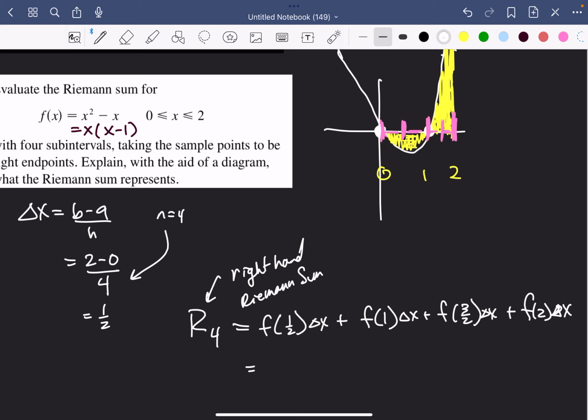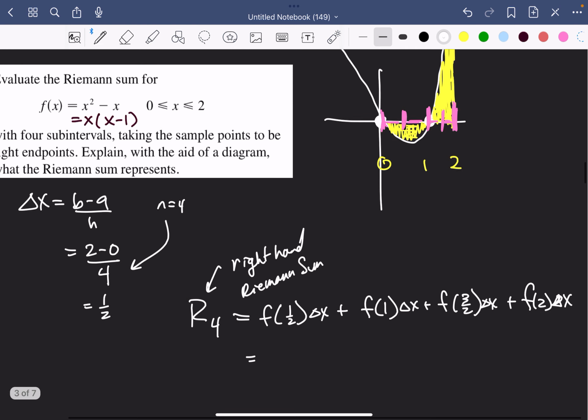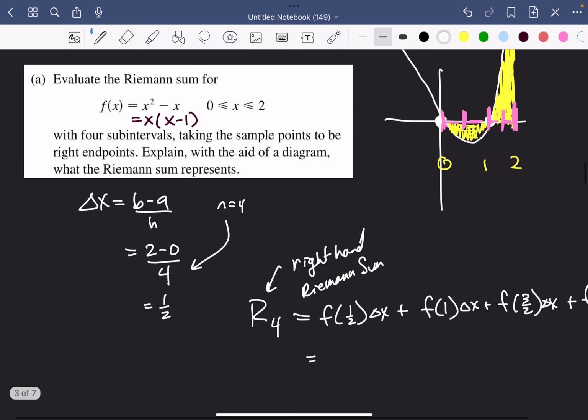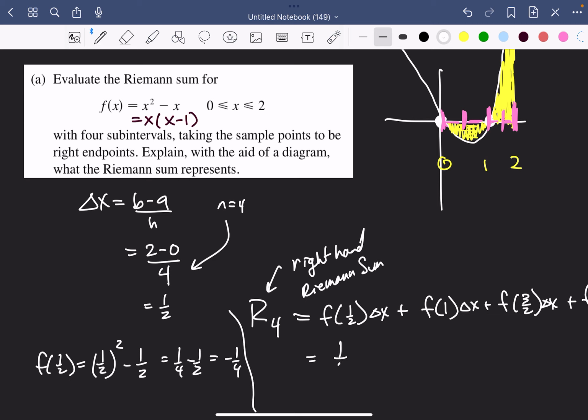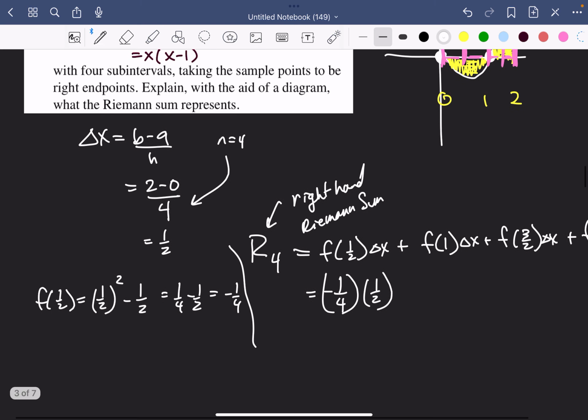So f at 1/2, if you come over here, is just 1/2 squared minus 1/2. That's going to be 1/4 minus 1/2, which is negative 1/4. So this is negative 1/4 times a step size of 1/2.